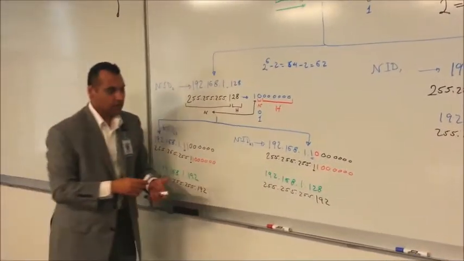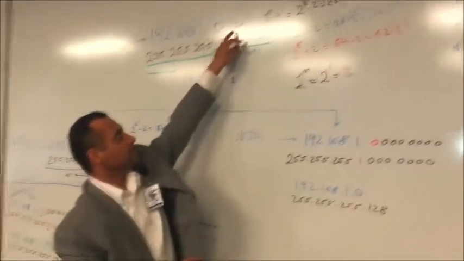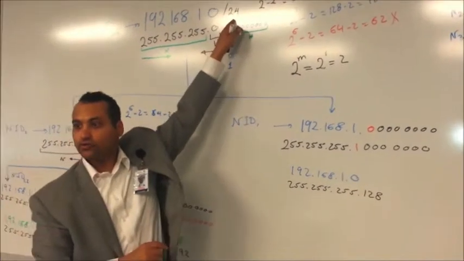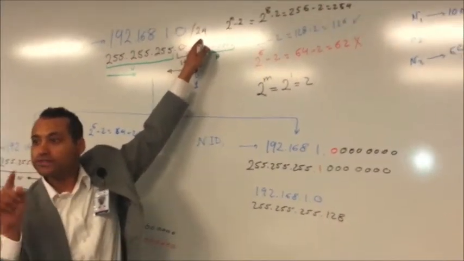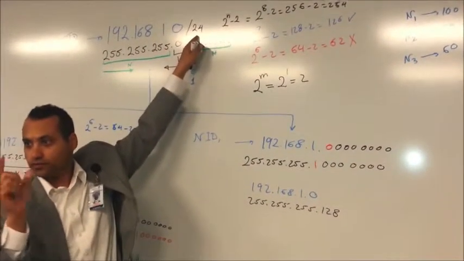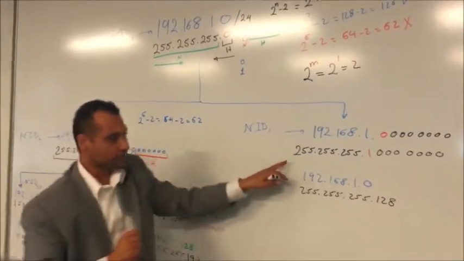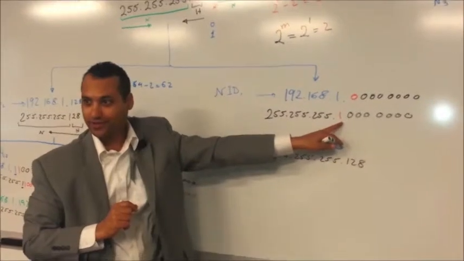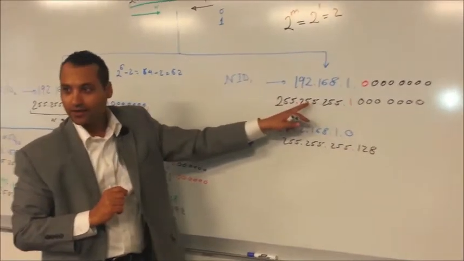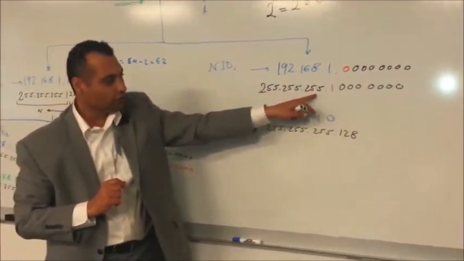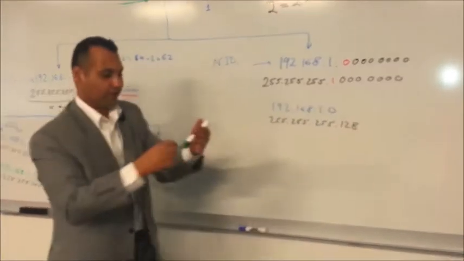So now we're going to write down the slash. If I need to write in slash format, I need to count how many bits belong to the subnet ones, belong to the network portion. Here we count 24. What about here now? I do have 1 in addition to that. So when you count 8, 16, 24, 25. Very good.